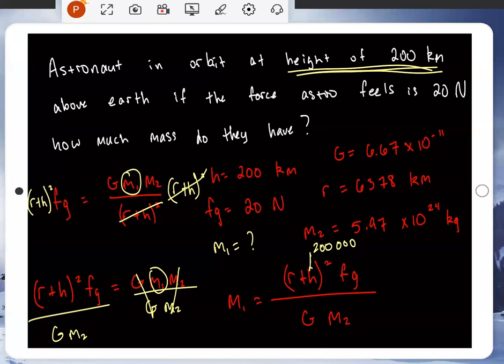So now 200,000 meters. That's kind of a weird thing because you're not going to be that far, but it doesn't matter. You still have to convert. And the same with this one here. You want to make sure it's in meters. Because this value of G here, if you look at the units, it's the G constant.